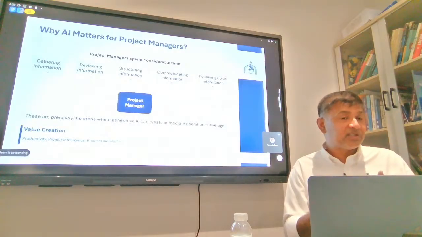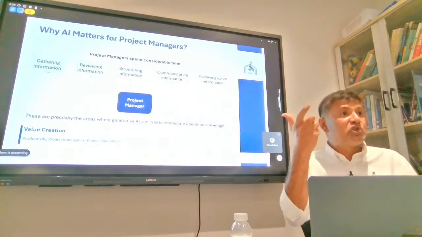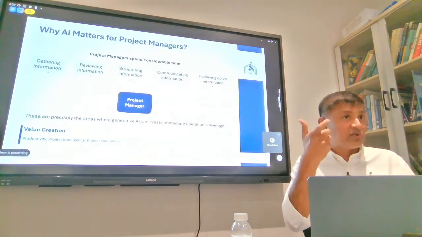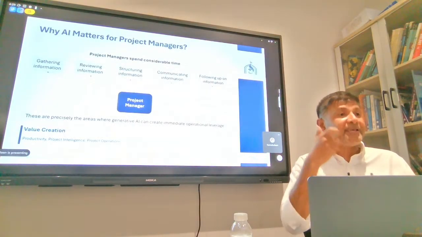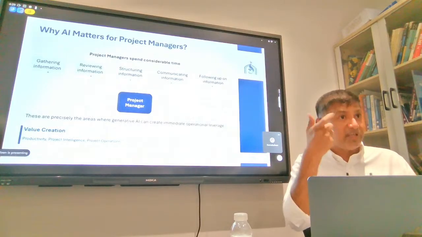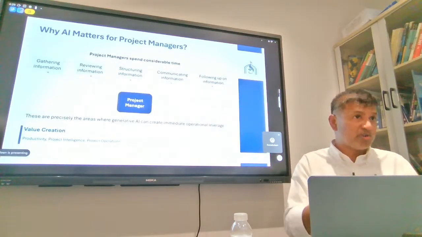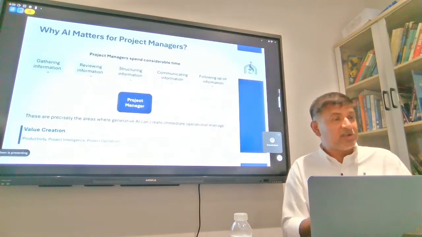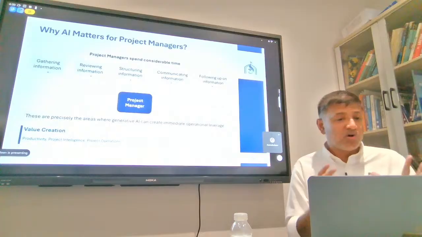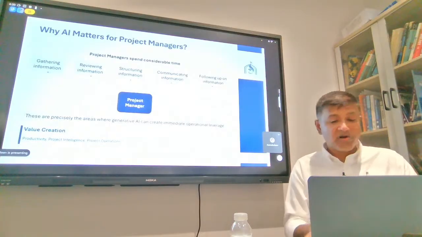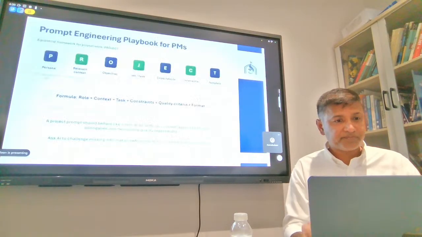What is project intelligence? AI is a thinking tool. It's a language model. It can think, it can analyze the information, and it can give you enough intelligence about the project. So that's project intelligence and project operations. That's why AI matters a lot for project managers.